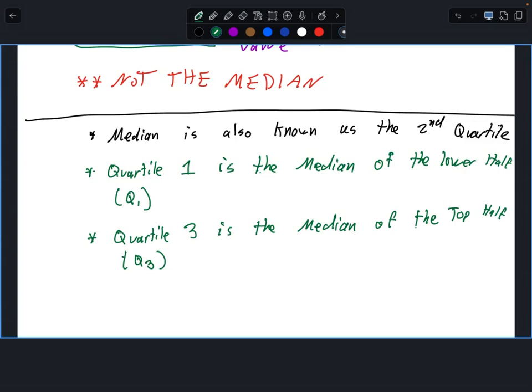Now, in order to find these, as you're gonna see, you need to find the median first. So our first step, and I'll write this, I'm just gonna wait for you to catch up in notes. We're gonna find the median as step 1. Now, what do we have to do as a step 0?